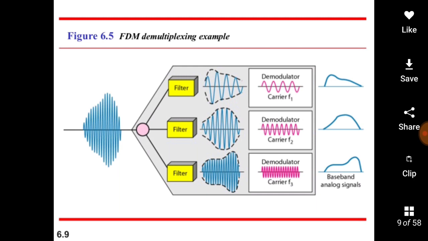The first filter separates the first message, the second filter separates the second message from the carrier, and the third one separates the third message from the carrier. At last I get the baseband analog signal. This is the operation of the frequency division multiplexing method.